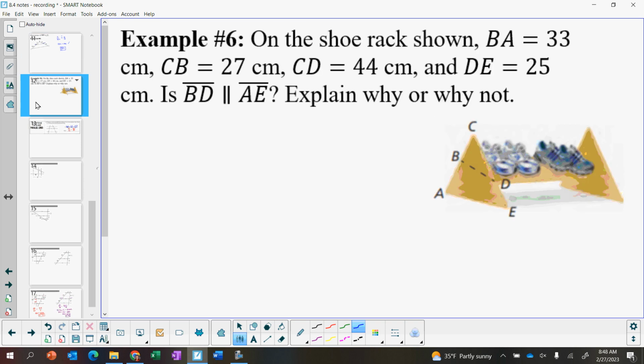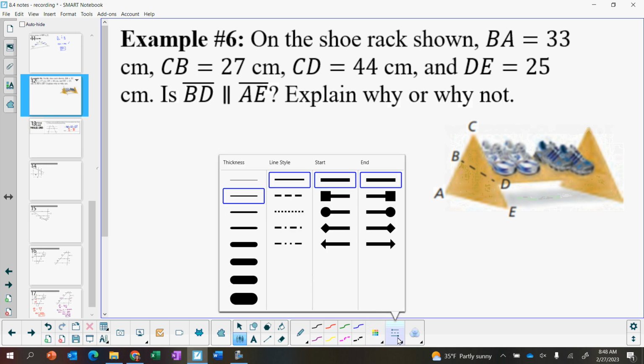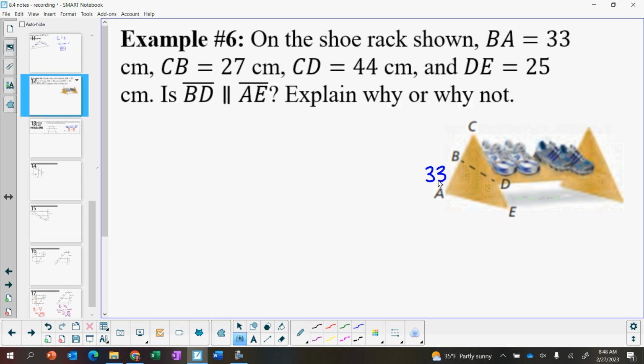So here we have a shoe rack. The length of BA is 33. The length of CD is 27. CD is 44. And DE is 25. So we want to know if that is parallel to that. Is the actual shoe rack parallel to the ground?